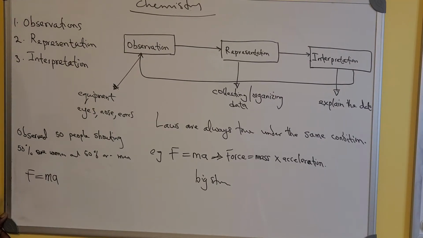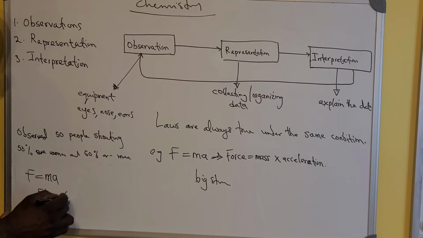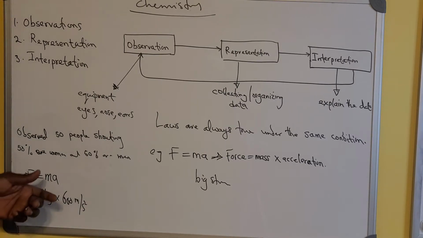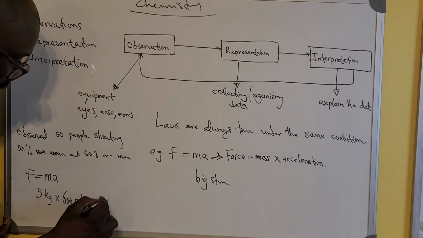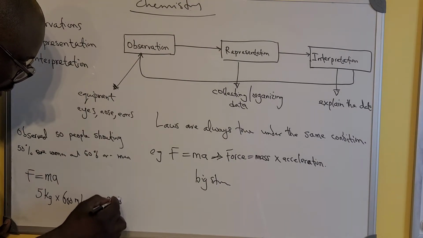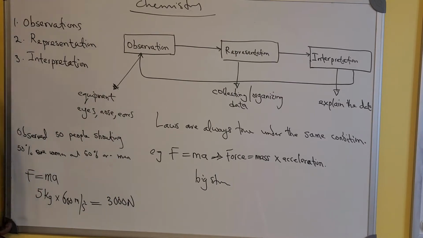Okay? So for example, F is equal to MA. Let's say the first mass of stone was 5 kilograms. Okay? And the acceleration at that point was 600 meters per second squared. If you multiply this, you're going to have 3,000 Newtons.